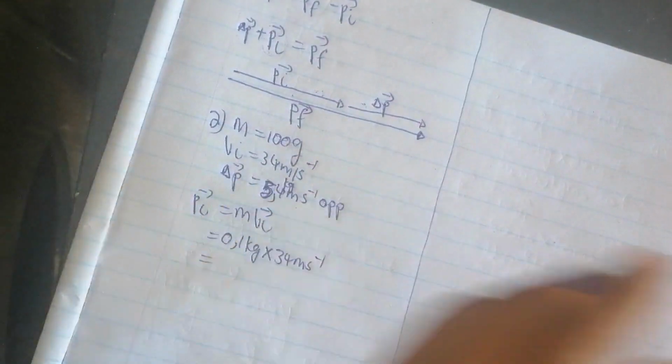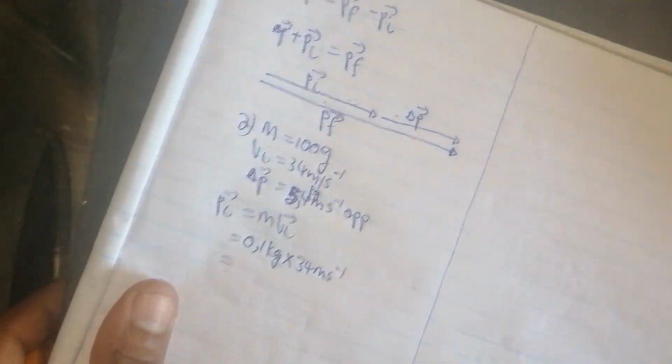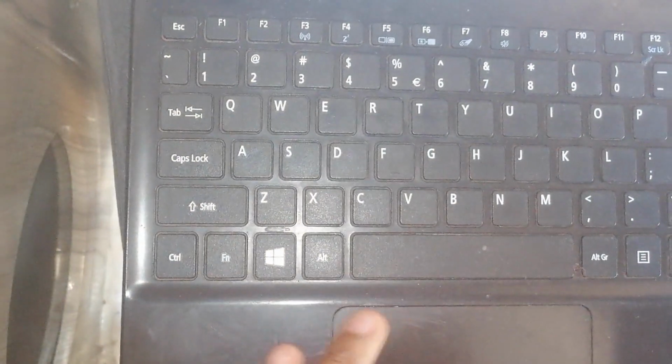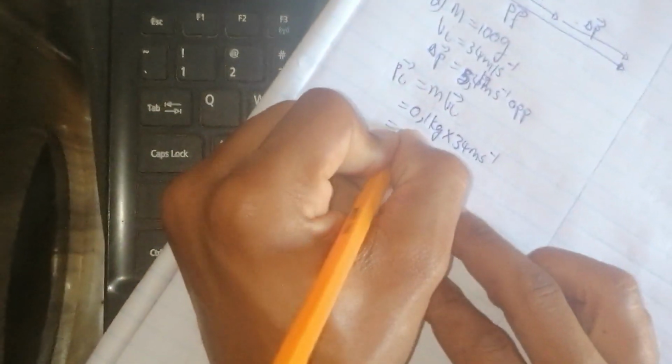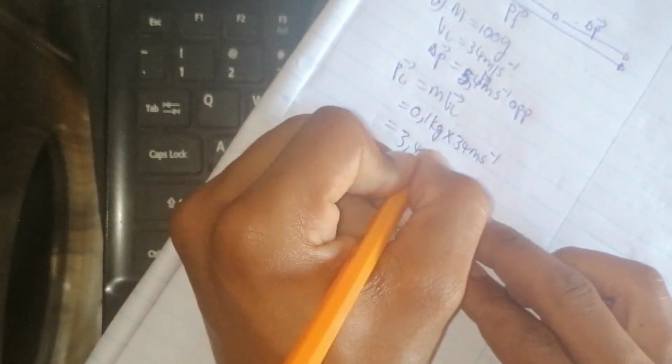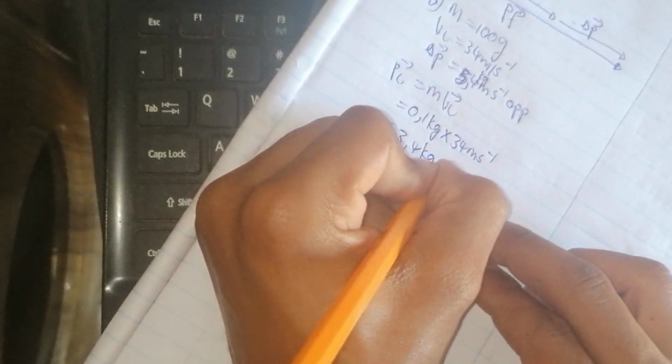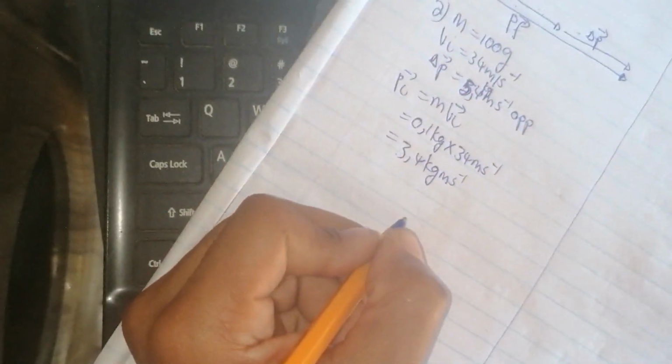Let me just check that very quickly for you. 0.1 multiplied by 34, and this would give us 3.4. So we have positive 3.4 kilogram meters per second.